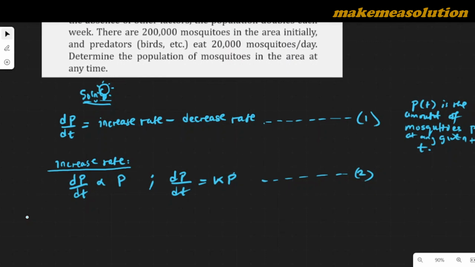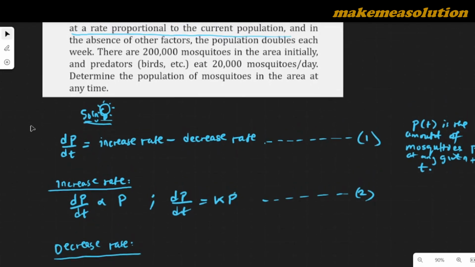Then for the decrease rates, they said that there are 200,000 mosquitoes in the area initially, and predators, we have birds, etc. they eat 20,000 mosquitoes per day. Is that okay? So there is a decrease rate per day, and that is actually 20,000.